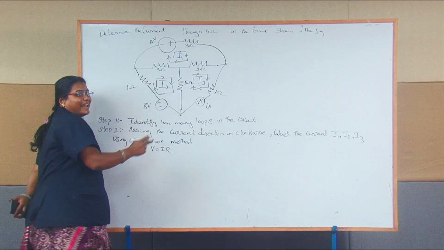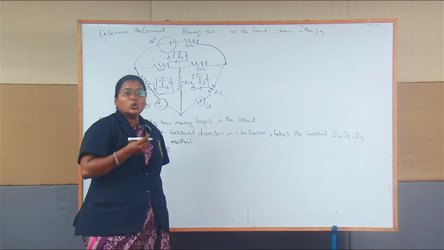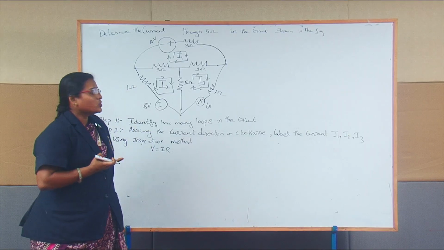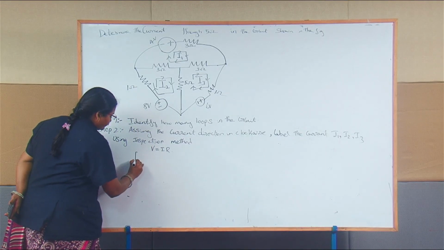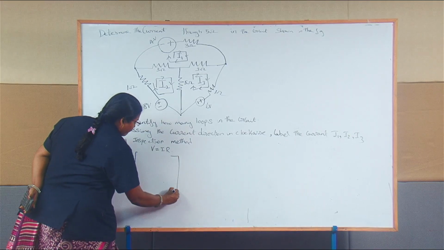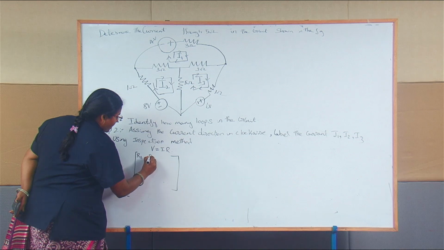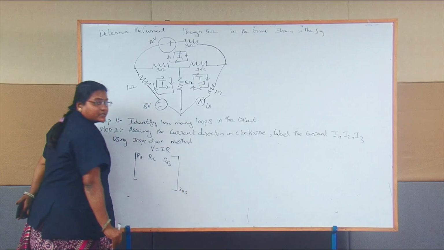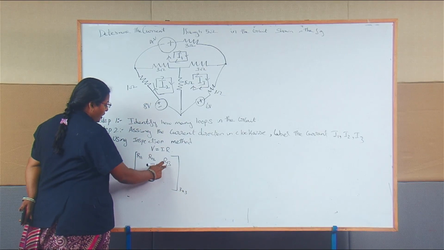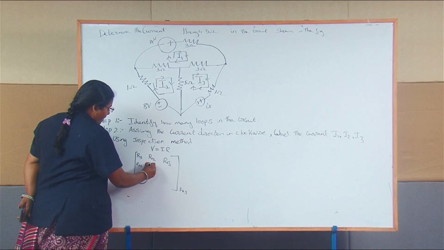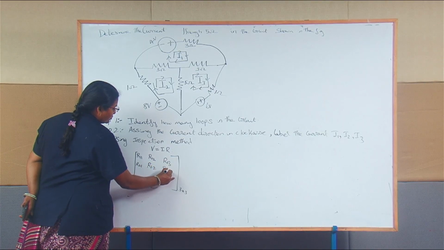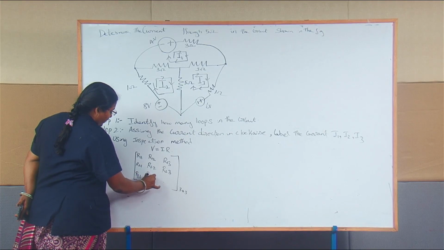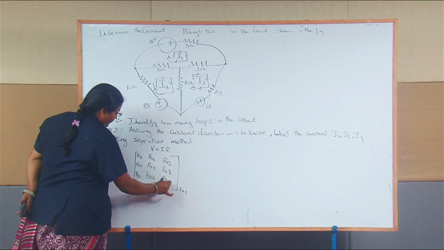Here 3 loops are there. If they mention 2 loops, it means only a 2 cross 2 matrix. Here it has 3 loops, so you have to mention a 3 cross 3 resistance matrix: R11, R12, R13, R21, R22, R23, and similarly R31, R32, R33.